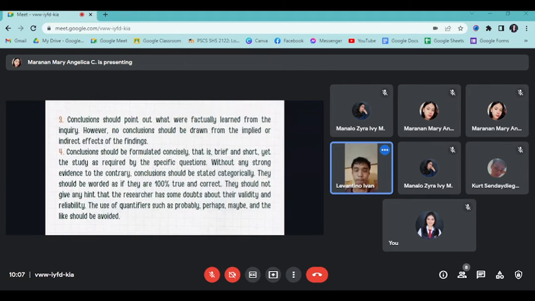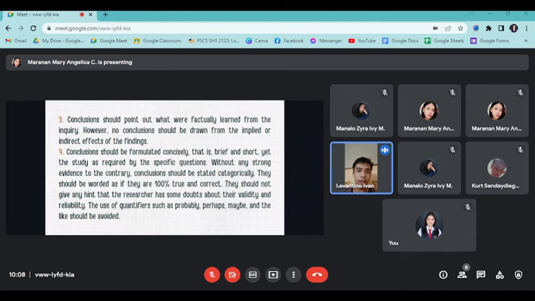Number three, conclusion should point out what were factually learned from the inquiry. However, no conclusion should be drawn from the implied or indirect effects of the findings. Number four, conclusion should be formulated concisely, that is, brief and short, yet answer the study as required by the specific questions.